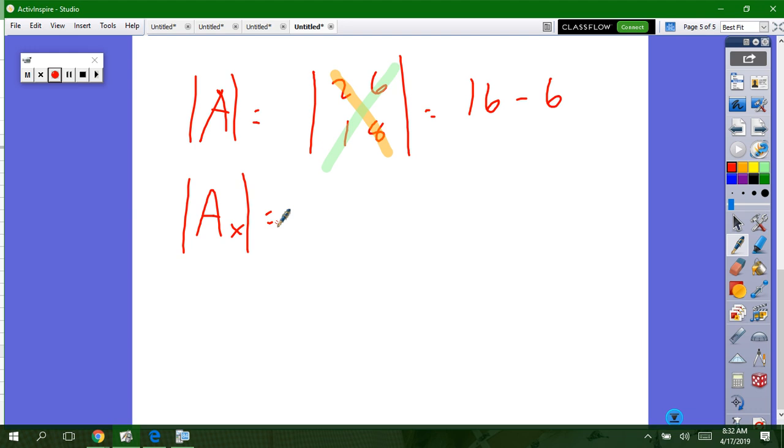So we're going to replace the x column and put in the answers. Does that make sense to everybody? So negative 1, 2, 6, 8. You guys notice that I put the answers in for the x column.